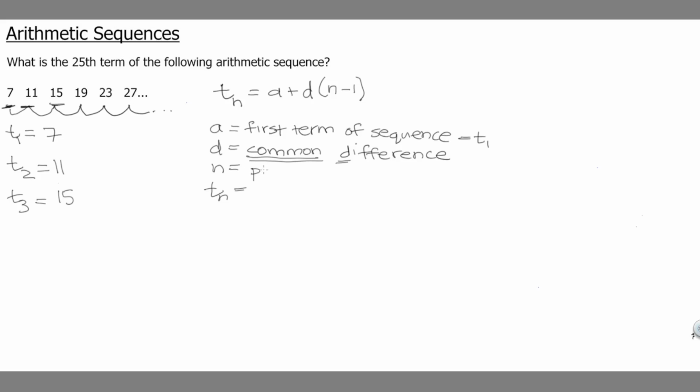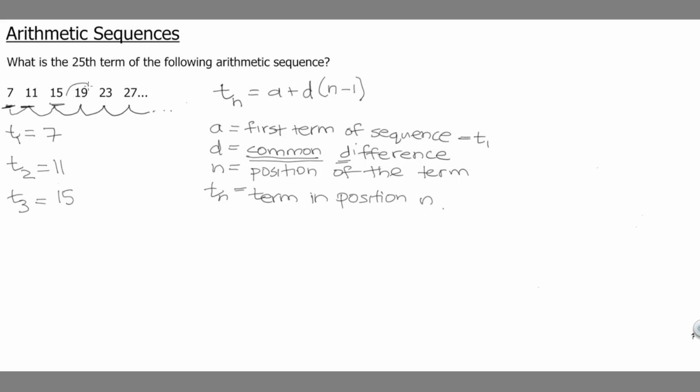N is the position of the term. And Tn is the term itself, the term in position n, whatever n is. A lot of people get n and Tn confused, so let me just clarify what that is.